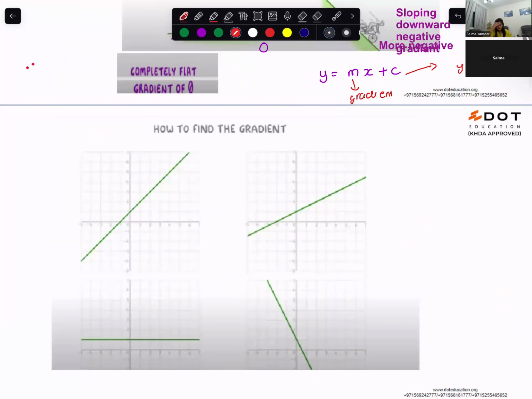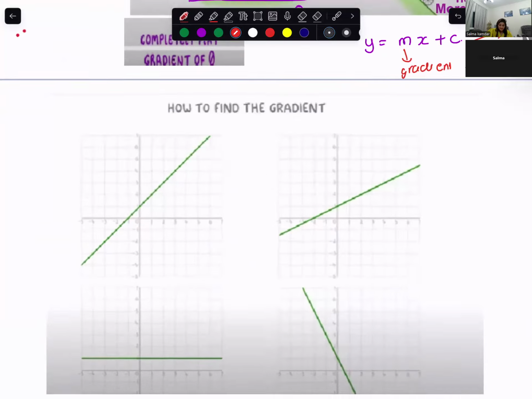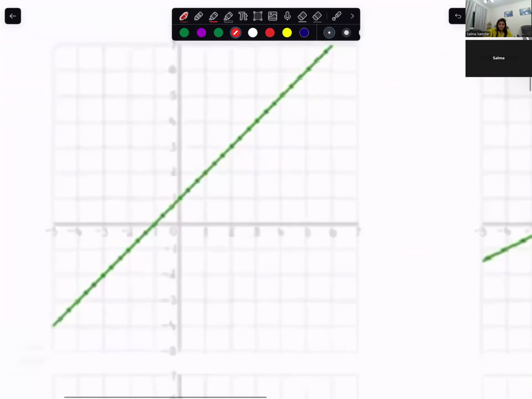Now we have to find the gradient of the line on the graph. If I want to find the gradient of a line, I take any point on the straight line on the graph. From there, for every one movement across to the right, I go up towards the y-axis.